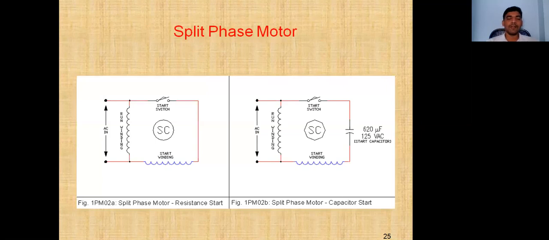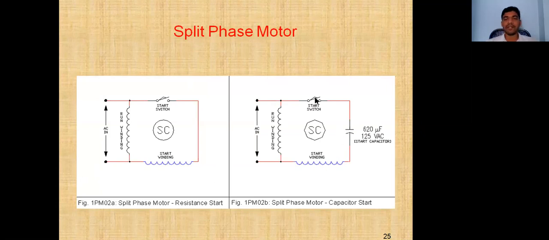This is the split phase motor or resistance start. This is the running winding. This is the starting winding. This is the split phase motor but capacitor start. Here the capacitor is placed in the starting winding.